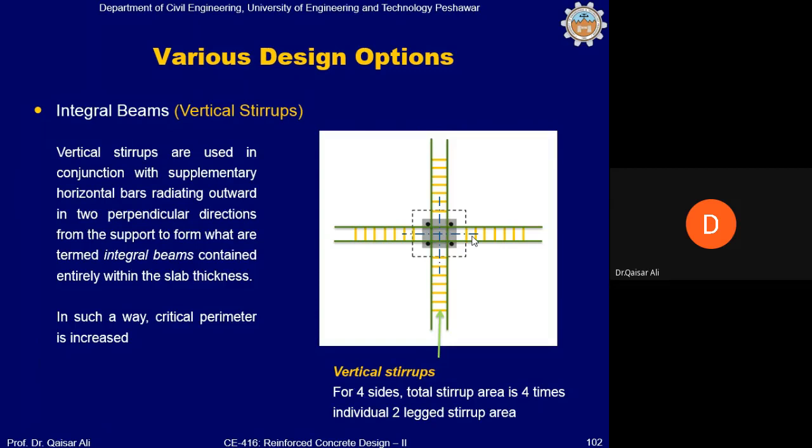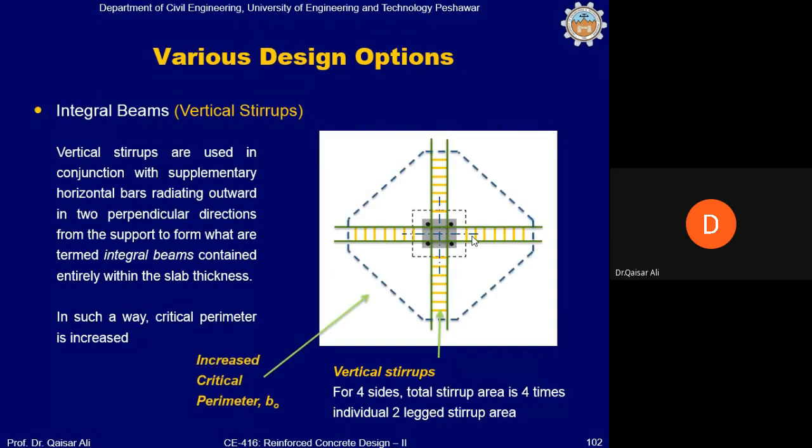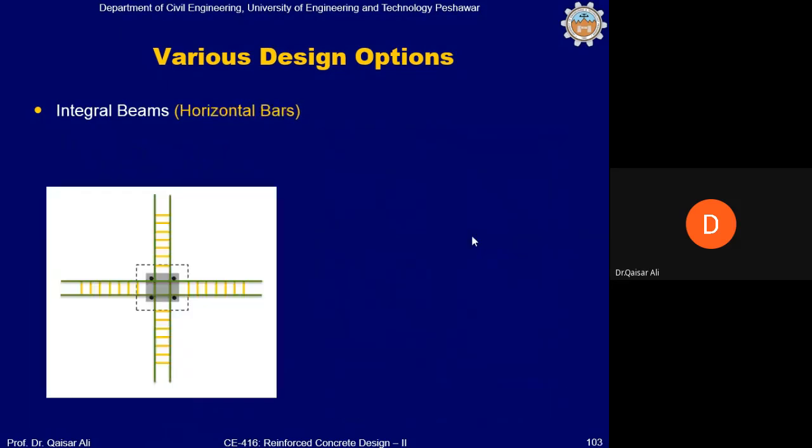And here in this case, the stirrup has 2 legs, but then the stirrups are provided on all 4 sides. So 4 sides multiplied by 2 multiplied by the area of steel will give us the area of steel for 1 shear reinforcement, 1 stirrup. Shear reinforcement. Okay.